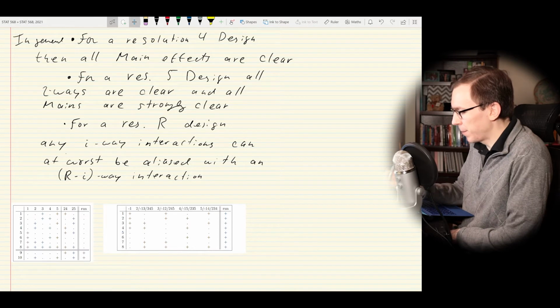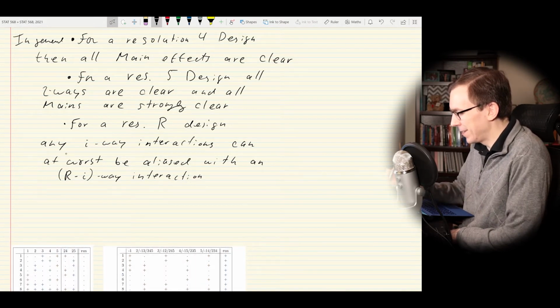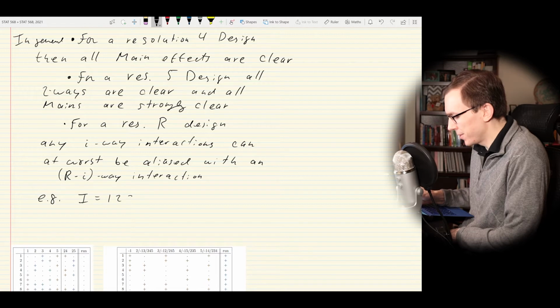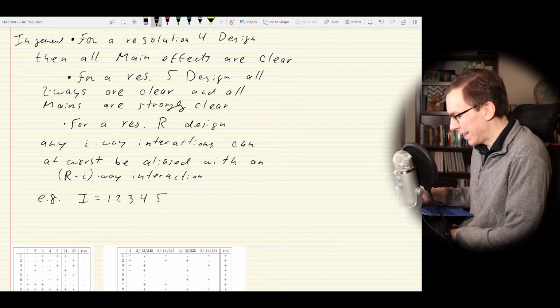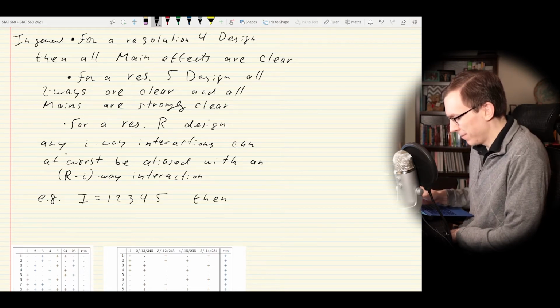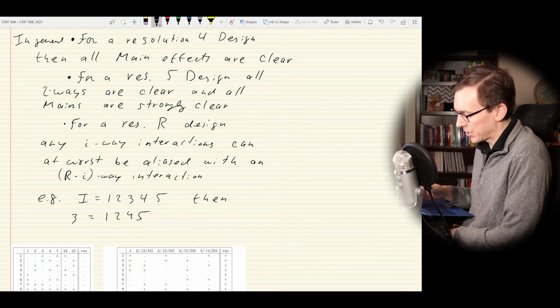And this really just comes down to, in some sense, staring at it in an example. So for example, if I have something like I equal to 1, 2, 3, 4, 5, then what we would find is that, let's say 3 is aliased with 1, 2, 4, 5. So it's aliased with a 4-way interaction.